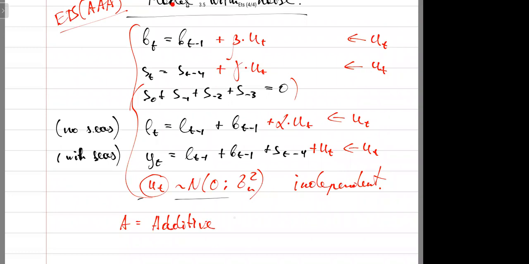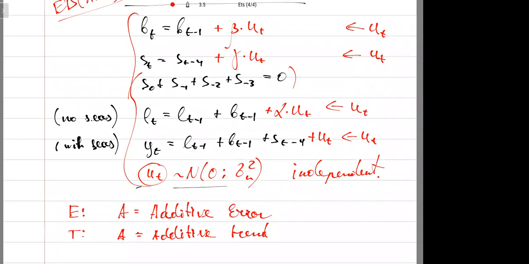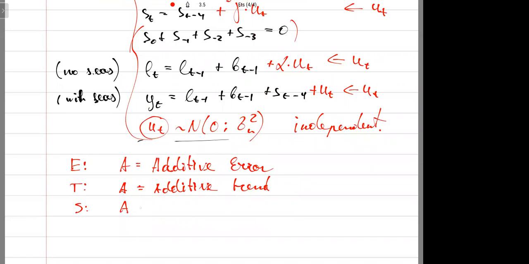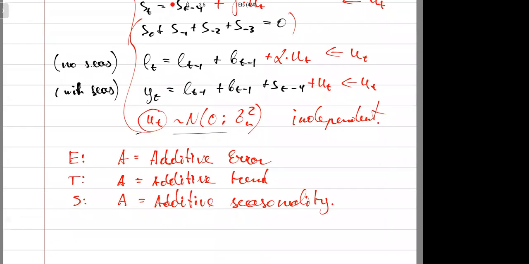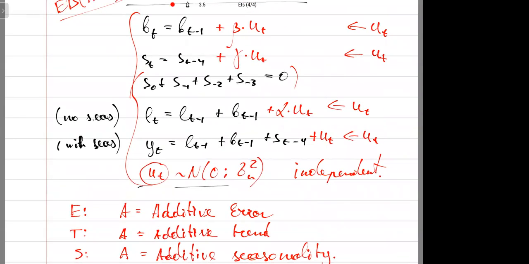So it's E, additive error; T, additive trend; and S, additive seasonality. We may have multiplicative models, so that's not the only possible model.